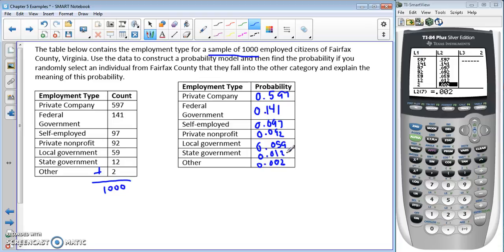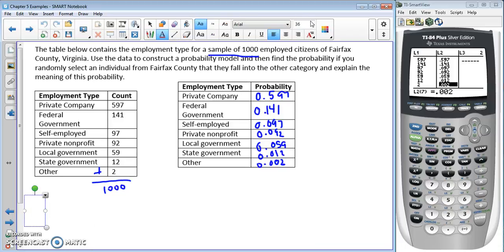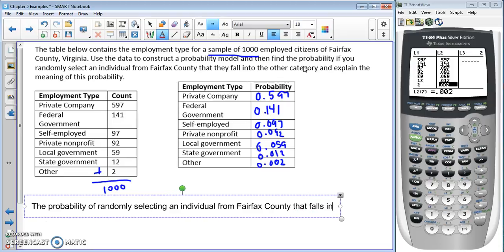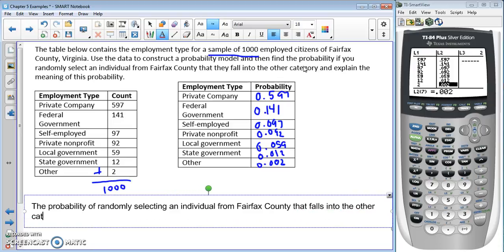Now we want to explain the meaning of that probability after we found it. So let me make this a little bit smaller here. The probability of randomly selecting an individual from Fairfax County that falls into the other category is 0.002, or if we convert that to a percent, let's think about this.